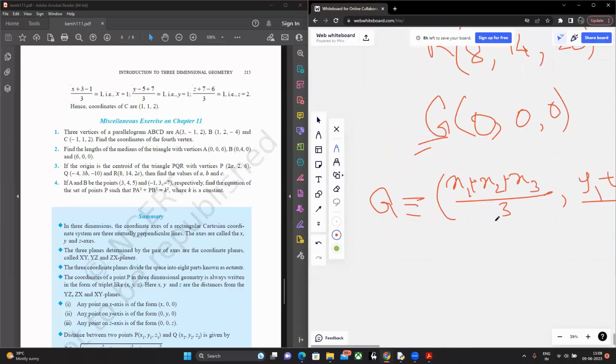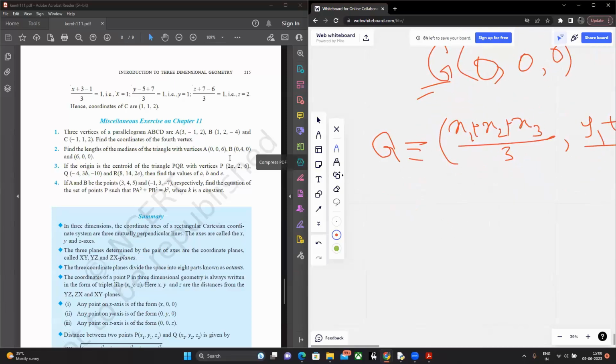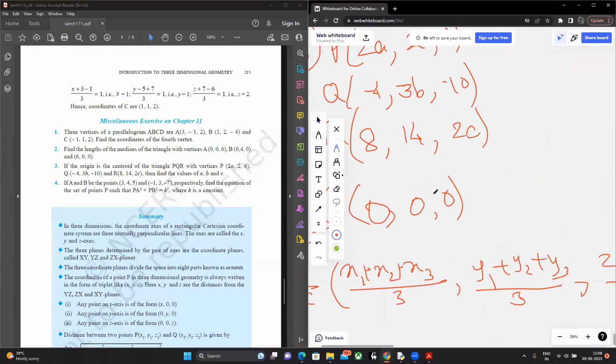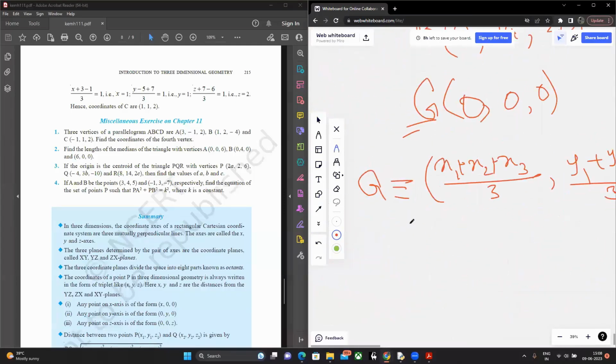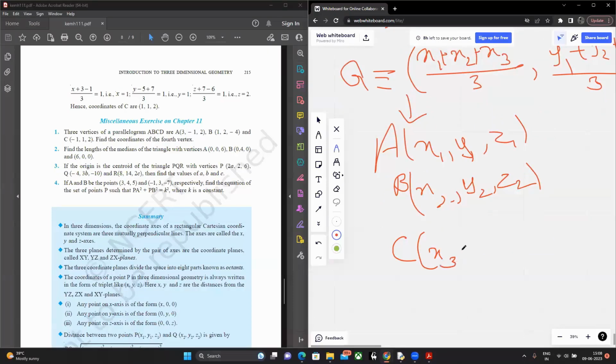For the proof, you can see the Wikipedia page, or I don't know if it's given inside the book. I'm not sure about that. That notwithstanding, let us proceed. This follows if the 3 vertices of the triangle are A(x1, y1, z1), B(x2, y2, z2), and C(x3, y3, z3).